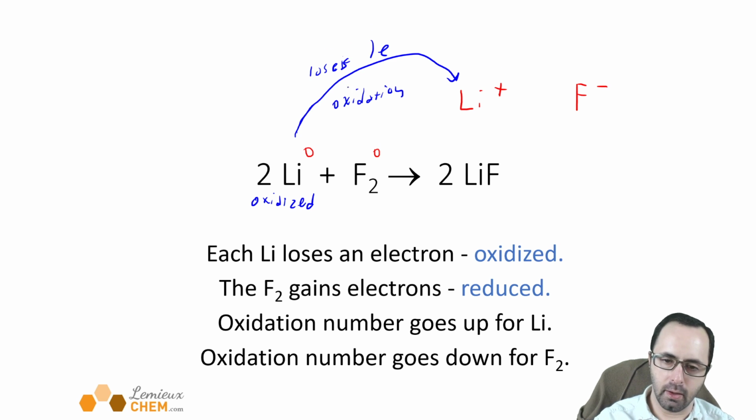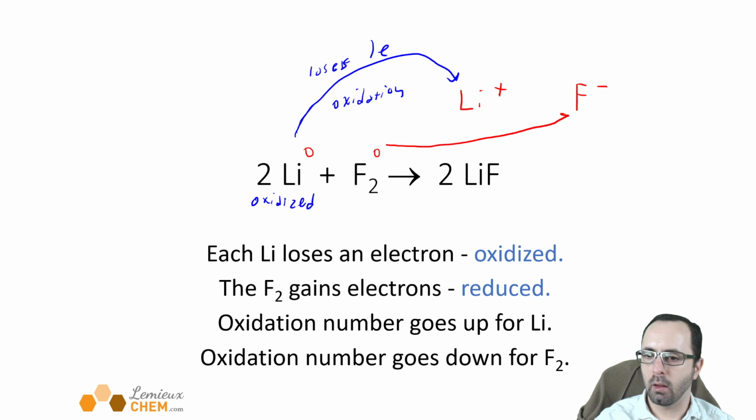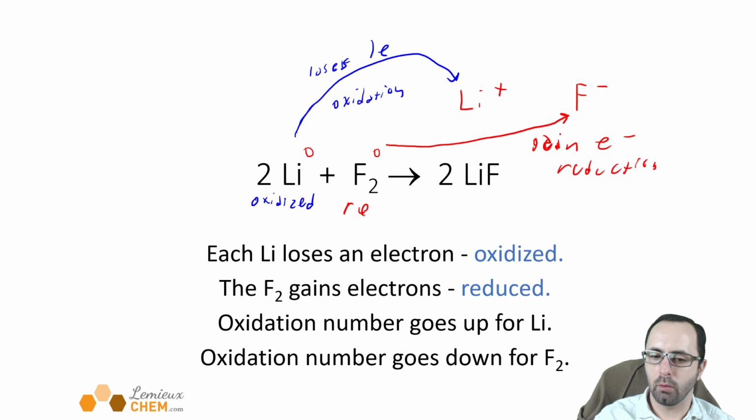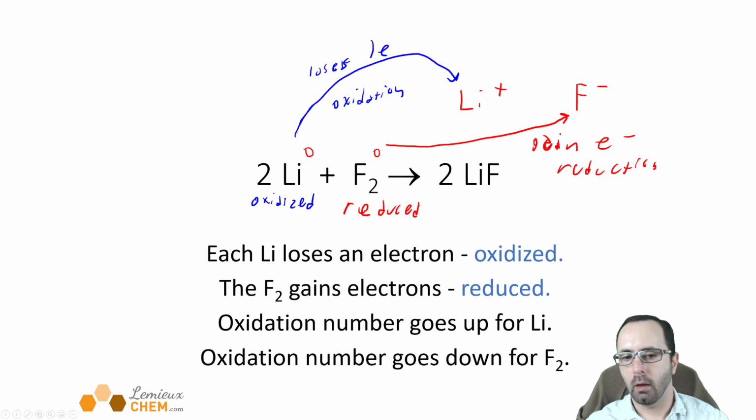Now on the other end, the fluorine gained electrons. Gaining electrons is reduction. The fluorine was reduced. Or you can think of it like the charge went down from no charge to -1.